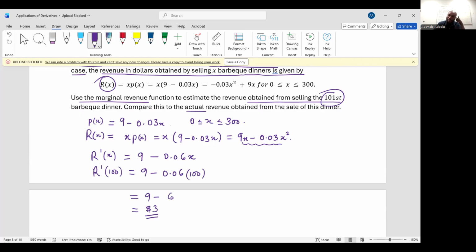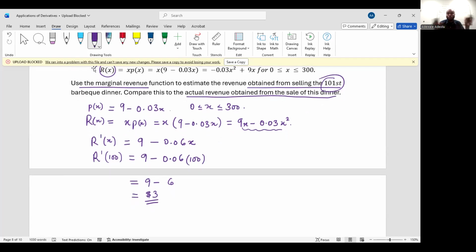Compare this to the actual revenue obtained from the sale of this dinner. That is, don't use calculus. Just find the way you would do it without calculus. Let us compare our answer. That is, you want to find R of 101. Then you want to find R of 100 and you subtract, right?